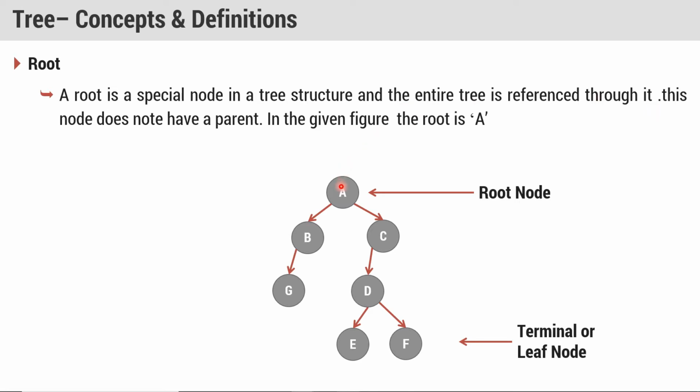Here in this figure, A is the root, and all the other nodes of the tree are referred to through this root node A. This node does not have a parent, because it is the first node of the tree and has no other parent node. So in this figure, A is the root node.